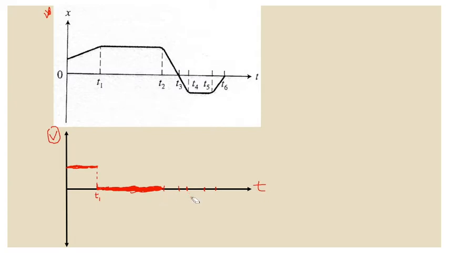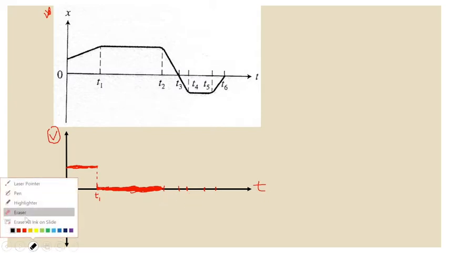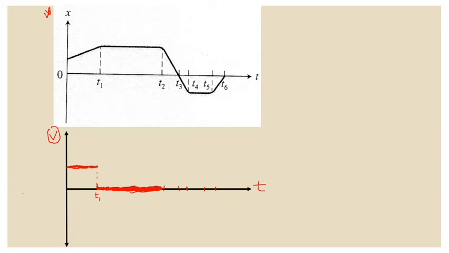So if you use a pencil, you can just get rid of them. But if you don't have a pencil, then you can just make the tick marks, and you just have to look up here to label them. So the velocity is constant and it's negative. So I'm going to draw this discontinuous bit, and I'm going to make that go all the way up, constant and negative, to T4.